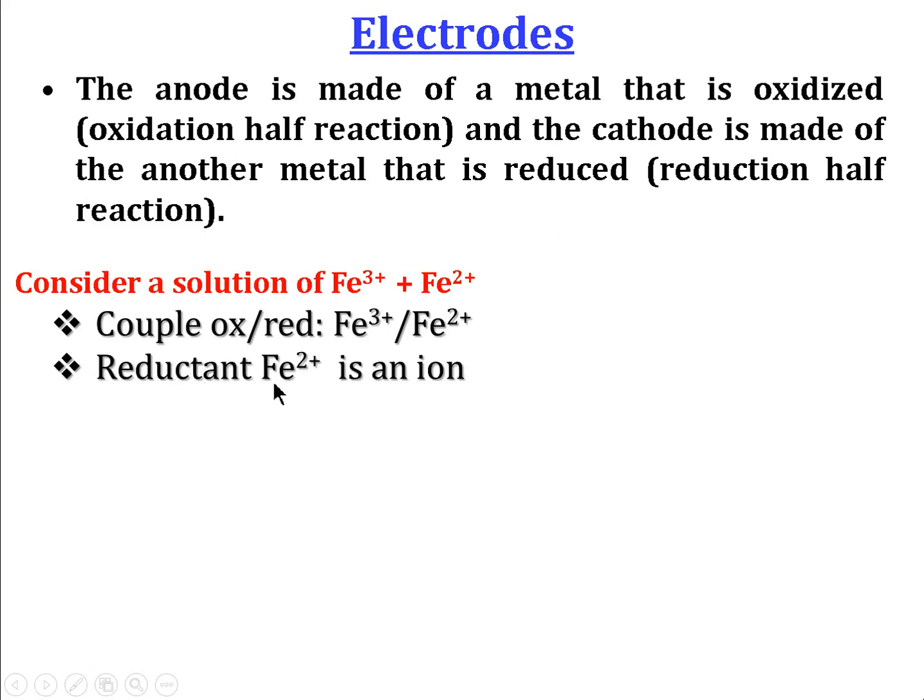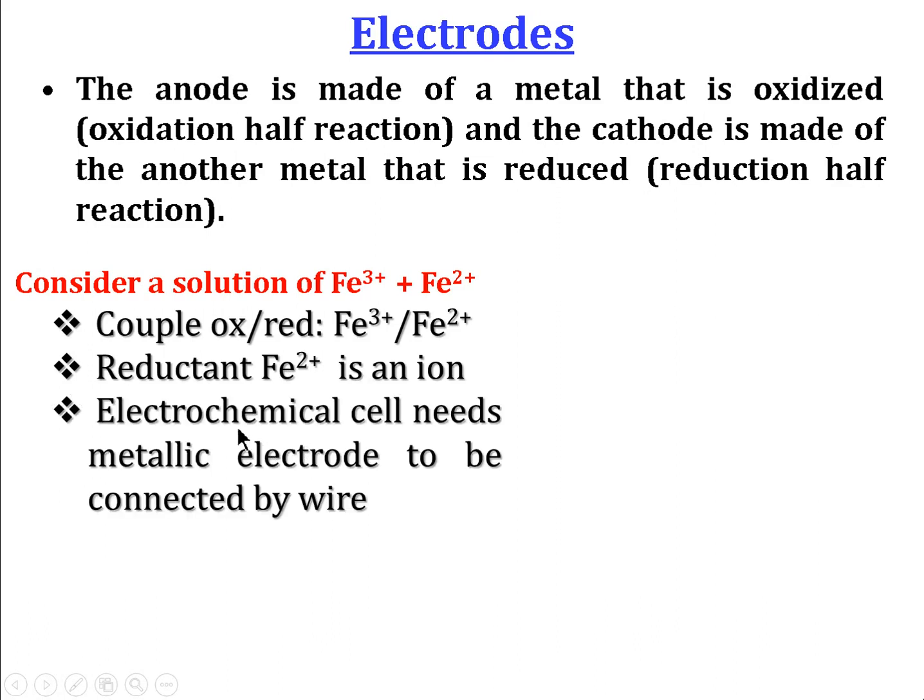The reductant Fe2+ is not a metal, it is an ion. And as we know, in the electrochemical cell, we need a metallic electrode to be connected by a wire.